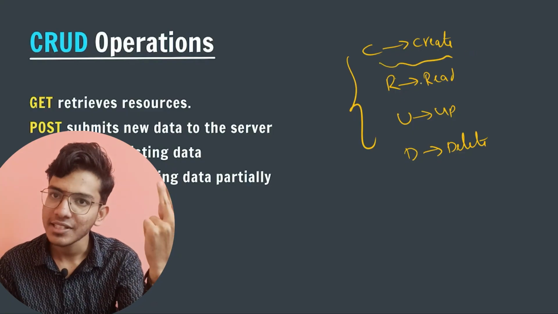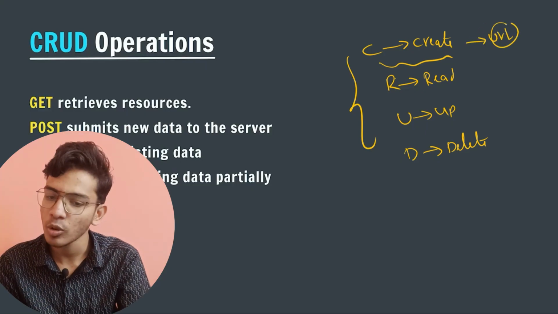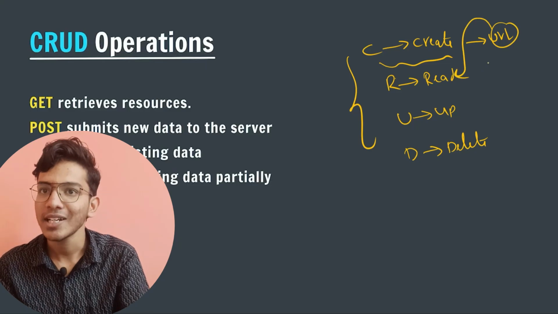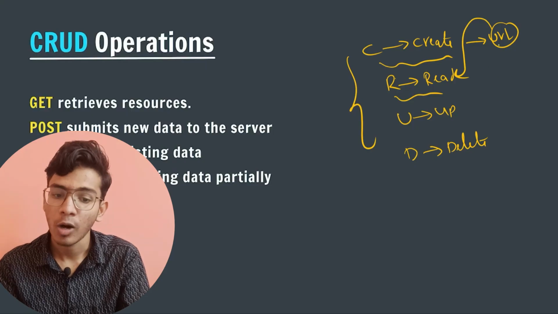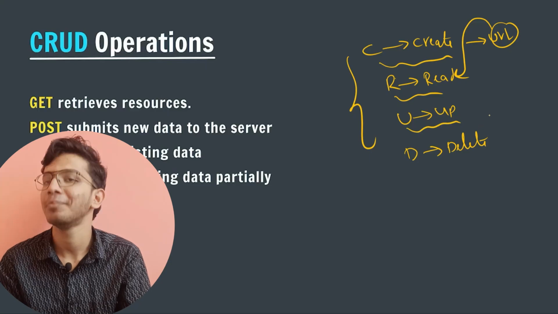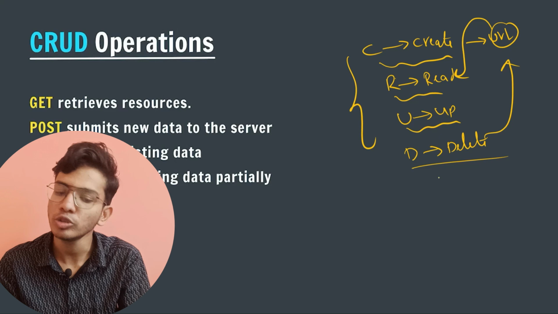After creating an API, like using that path, an API is nothing but a URL, right? Whenever you go to that URL, you will get data in return, and you will read that data. If I want to update a particular thing within that URL, I will use the update method, and if I want to delete this particular URL, I will use the delete method.